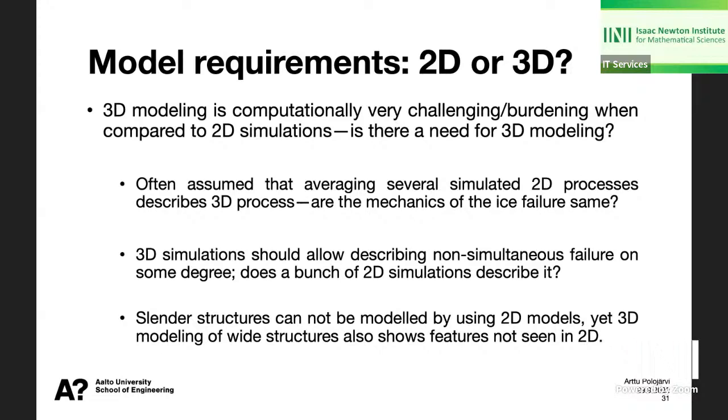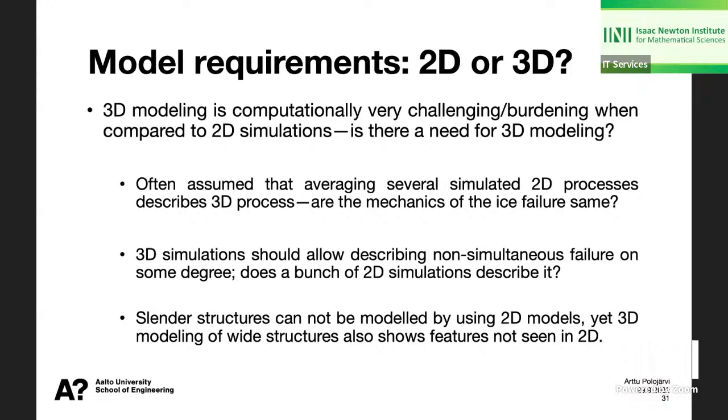But then the question is, if we run enough of these 2D simulations, are we going to get some sort of averaging possibility and basically get the same results? That's something I don't have an answer to at the moment. Maybe I'm more asking that question.